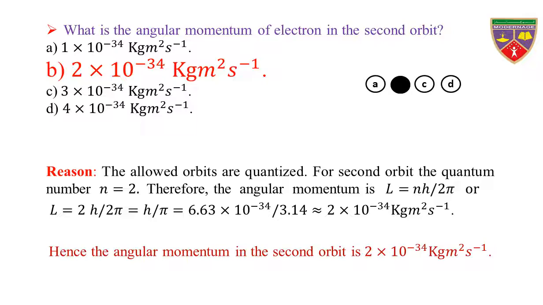Hence, the angular momentum in the second orbit is 2 into 10 power minus 34 kilogram meter square per second.